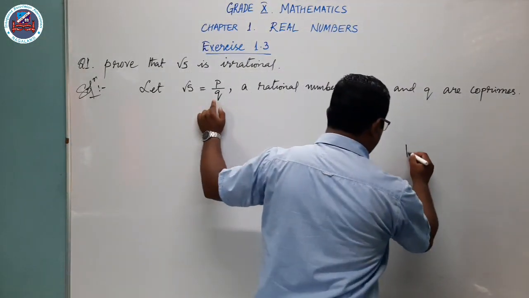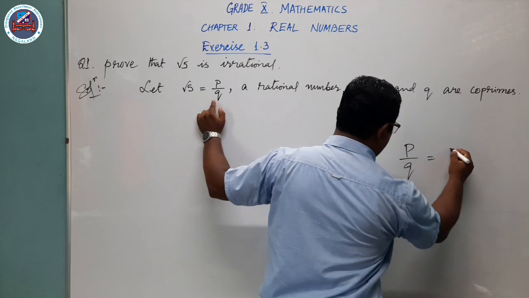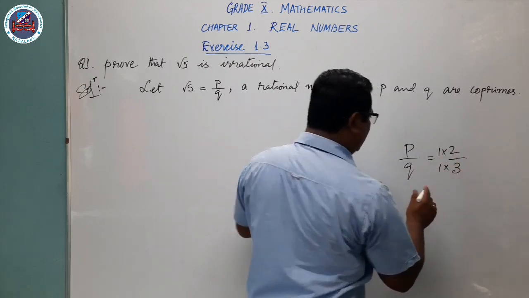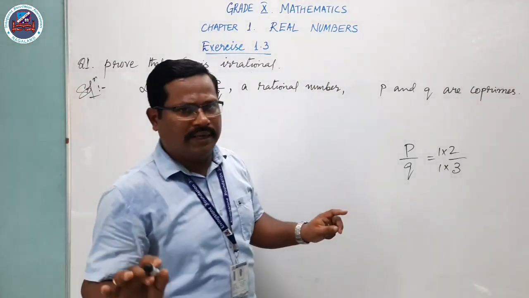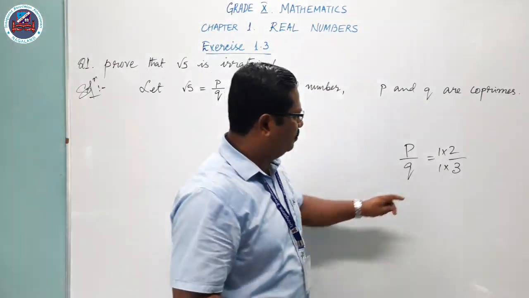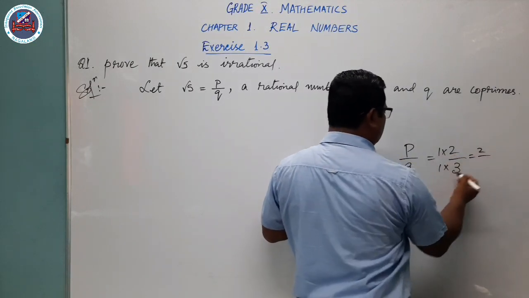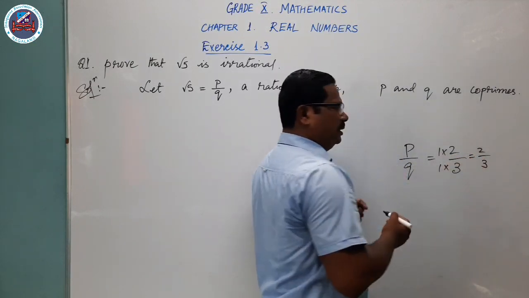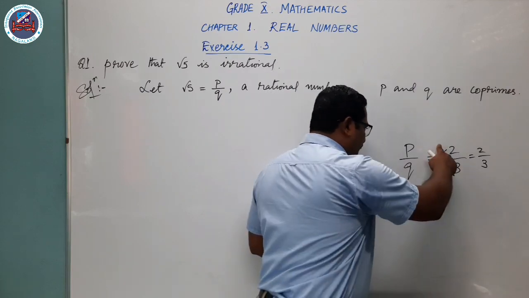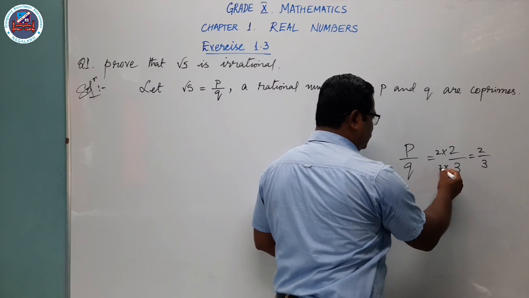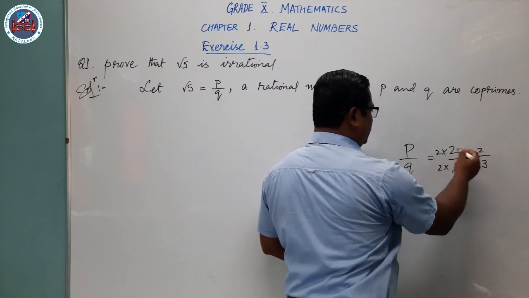Suppose P by Q is 2 by 3. They can have the common factor 1, because ultimately it will give you the same thing: 1 times 2 is 2, and 1 times 3 is 3. But if you put a common factor other than 1, say 2 and 2, it will become 4 by 6, and the number will change.